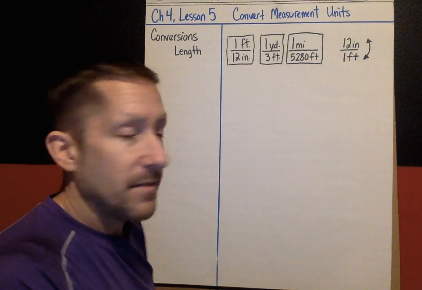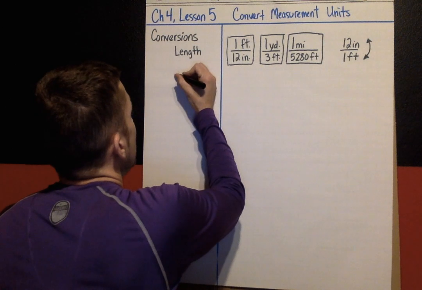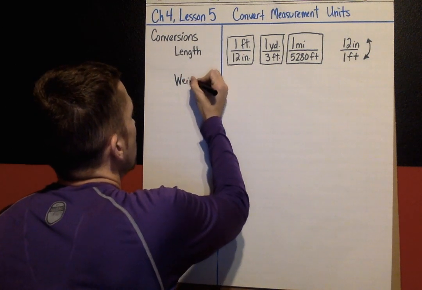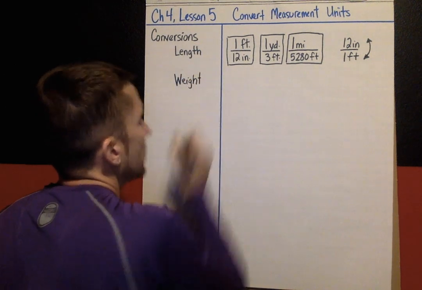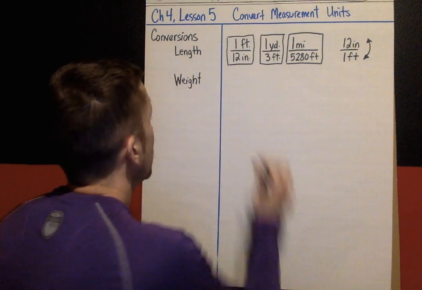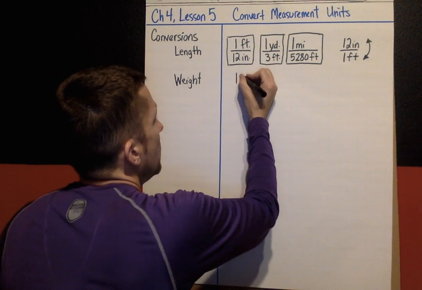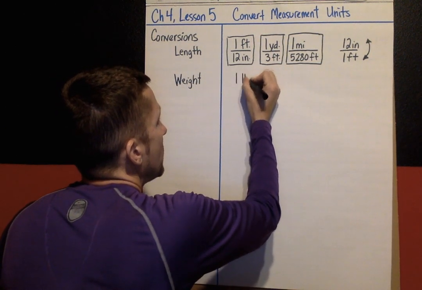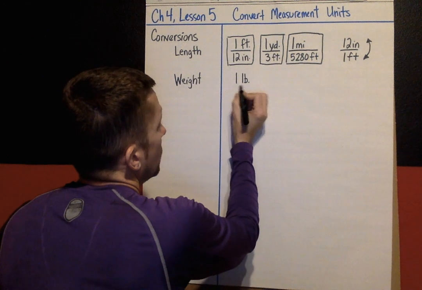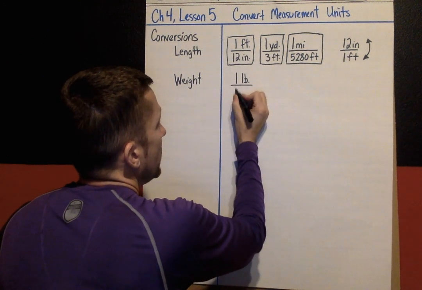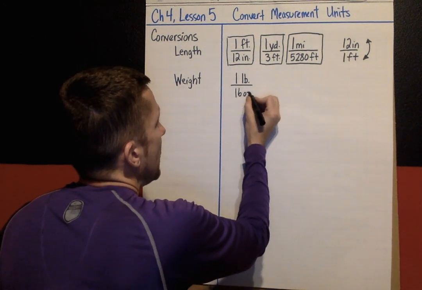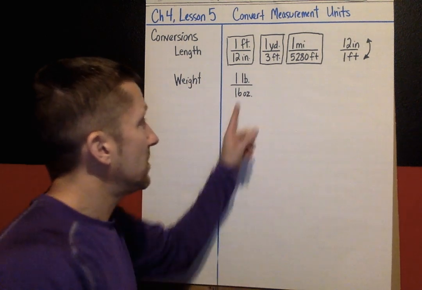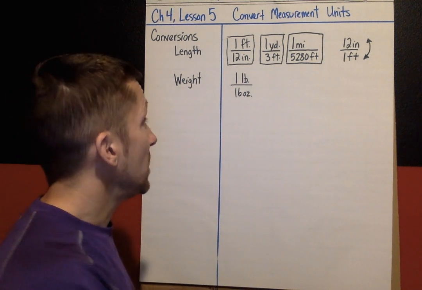Okay, the next kind of conversions are weight. A couple of weight conversions we're going to look at. And the first one is 1 pound. And the abbreviation for pound is LB. So 1 pound for every 16 ounces. And ounces is abbreviated by OZ.